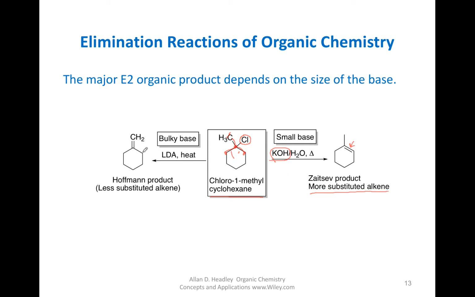Using a bulky base, it would not take off these hydrogens here, but one of these, because it's less crowded. So the double bond would go right here, where this chlorine would go and the double bond would form here. So again, make sure you do the observation and make sure you determine what you need and use the appropriate base.